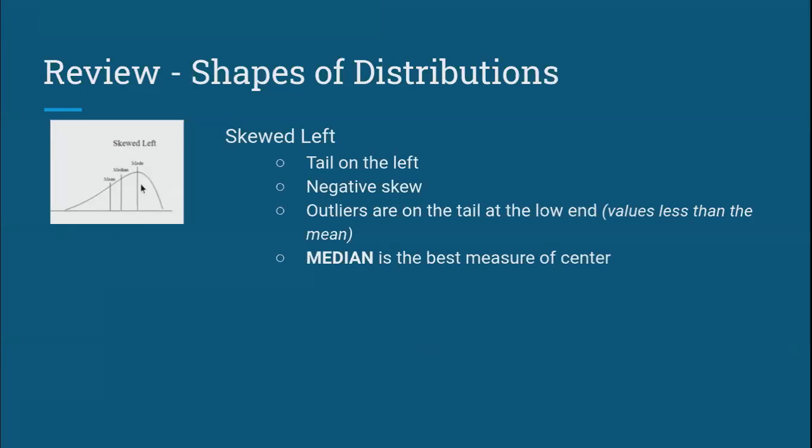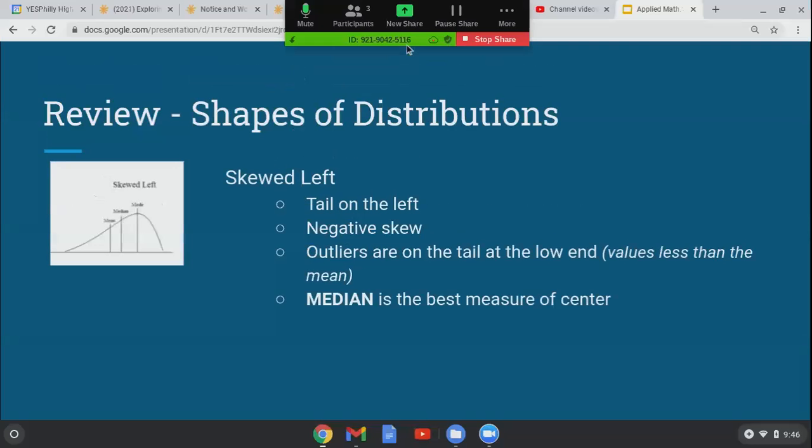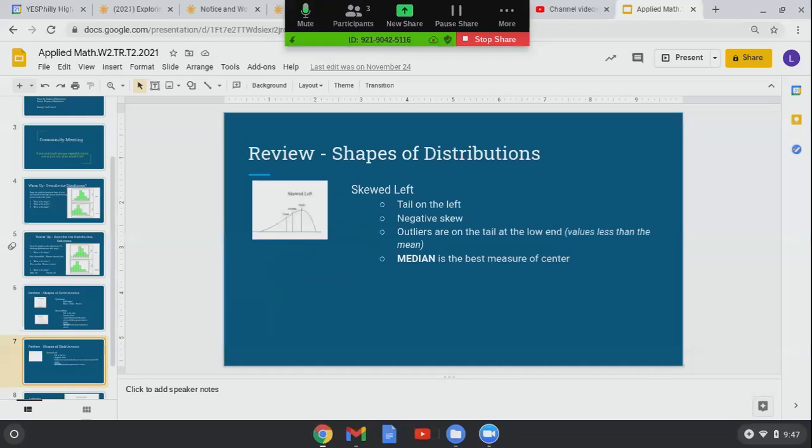So what they want you to do in this third cool down is to determine, if the data is each of those three shapes, symmetric, left skewed, right skewed, what is the best measure of center? Which measurement, the mean, the mode, or the median, would give you the best measure of the center of the data?